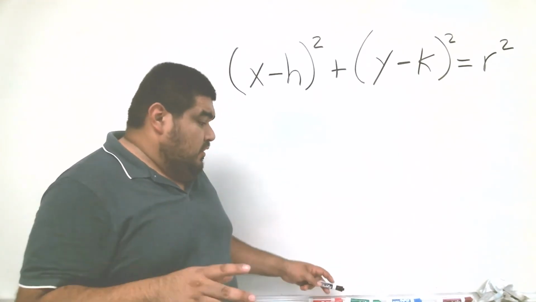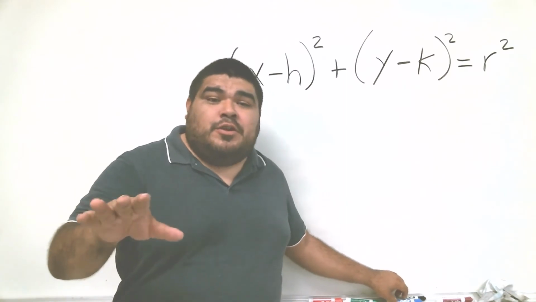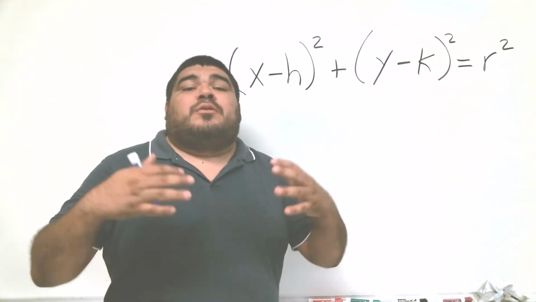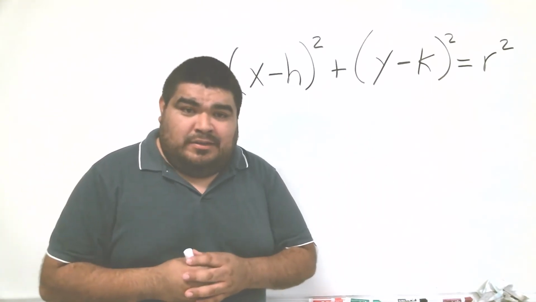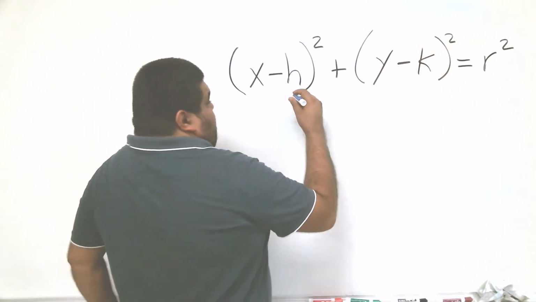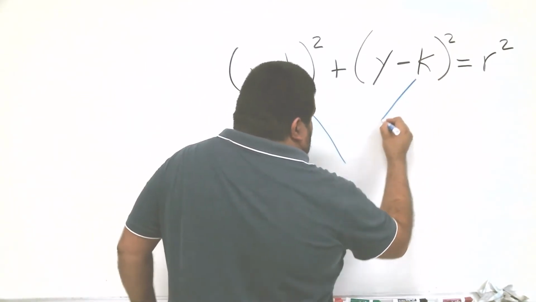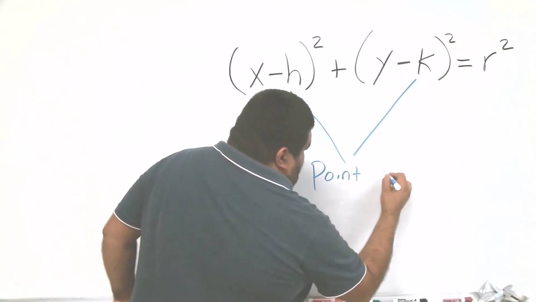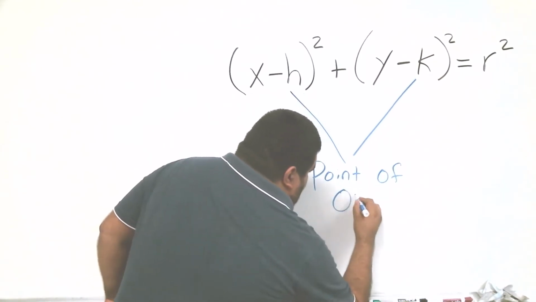Okay? So, the first thing you need to know is your h and your k are your origin points, okay? Or your point of origin, in other words. So your h and your k is point of origin.